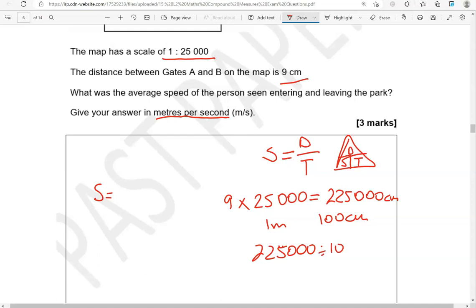We're going to divide this by 100, and it gives us 2,250 meters. So we've got the distance, which is 2,250 meters. Now we need to enter the time, and we've got to say it in seconds.